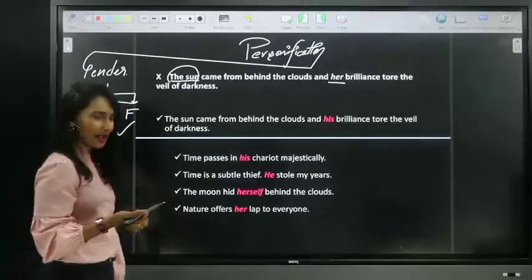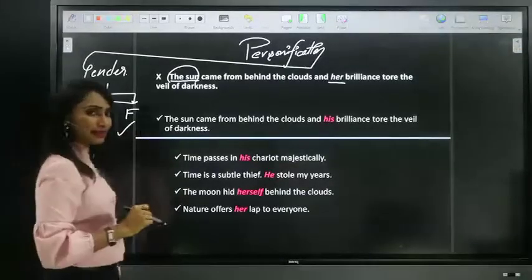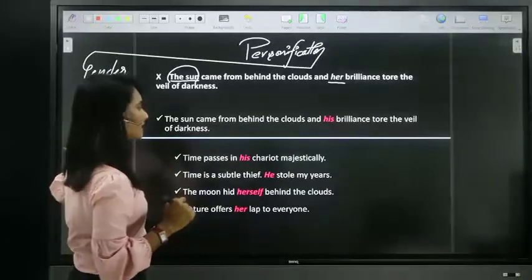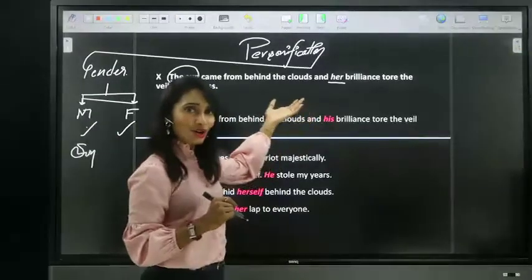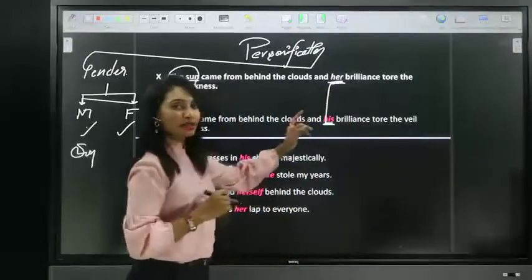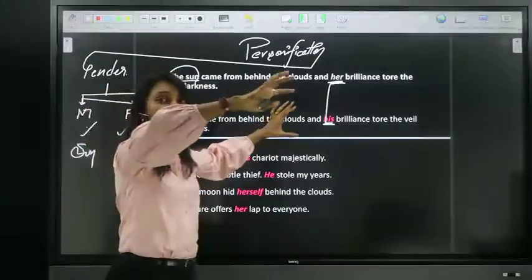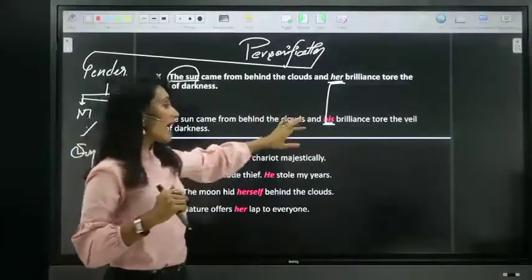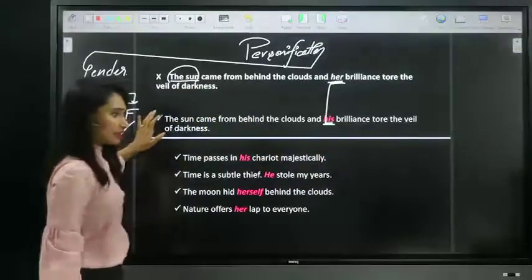Obviously, it is masculine gender. So when it is masculine, we have to use masculine forms. So we have to replace her with his, because his is a masculine form. So the sun came from behind the clouds and his brilliance tore the veil of darkness, right?